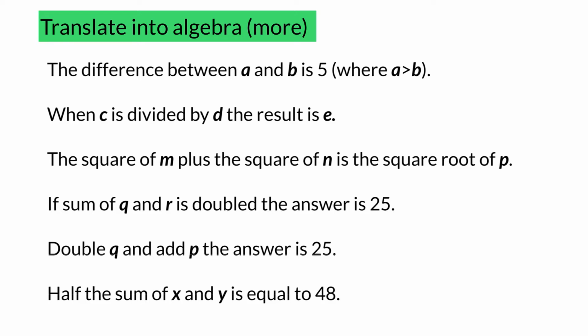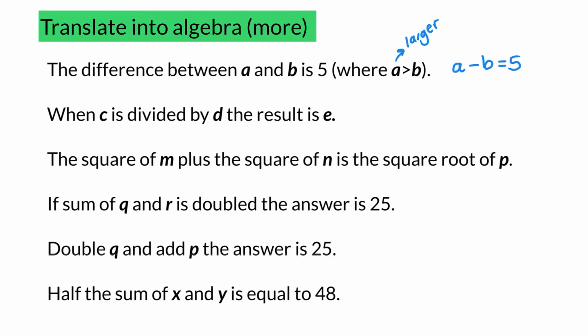So let's look at the answers. The difference between A and B is 5, where A is larger than B. So if A is larger than B, if I want to work out the difference, I'm going to say A minus B, and the answer is 5.